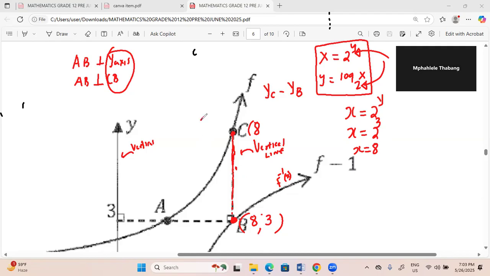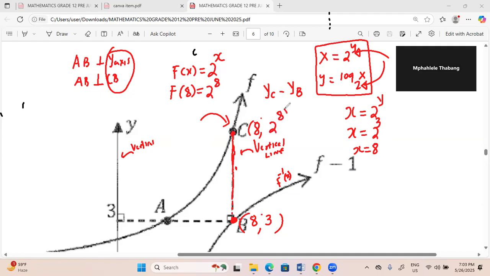So I have to come back to this function f, which is y equals 2 to the exponent x, and say, because I know the value of x at C is 8, what is the value of y? It's 2 to the exponent 8. Okay, the value of y, I will just say 2 to the exponent 8.